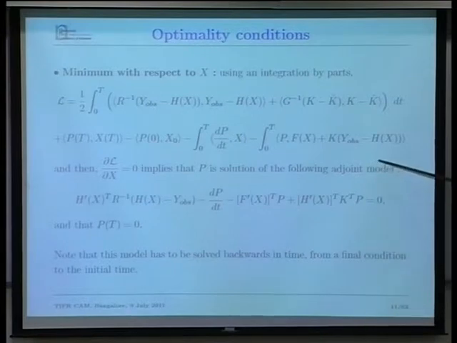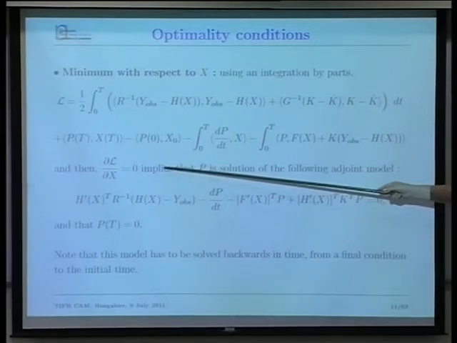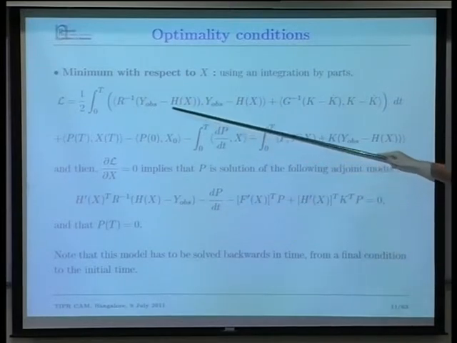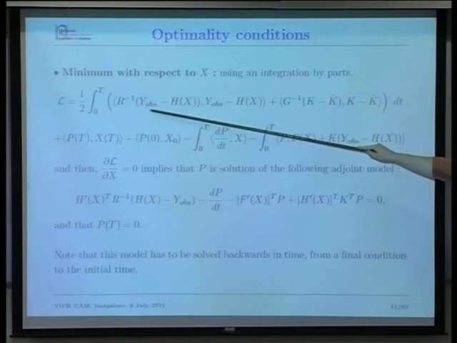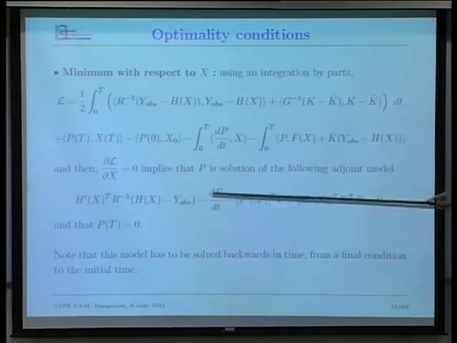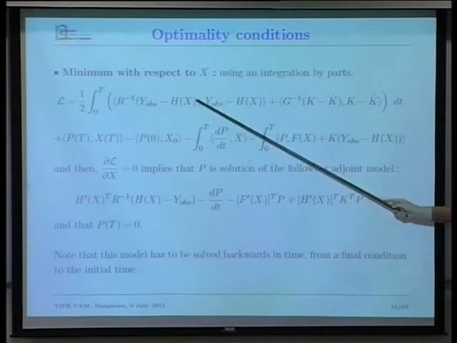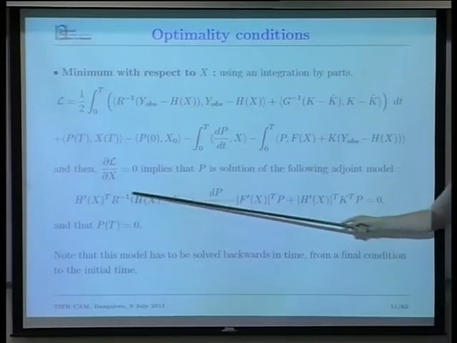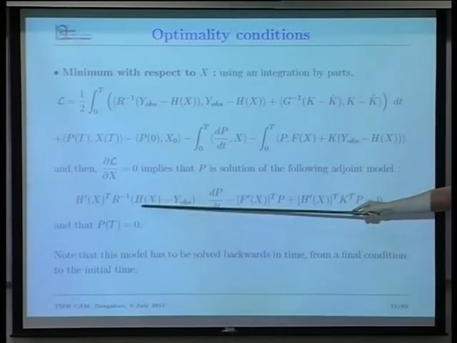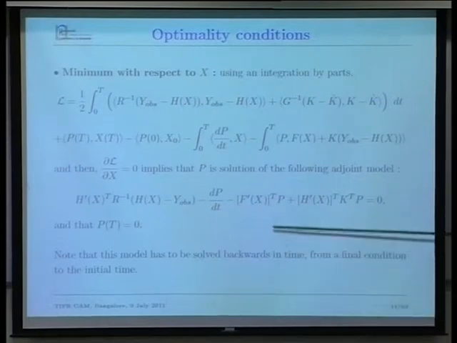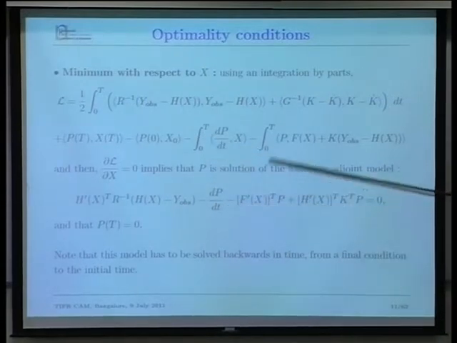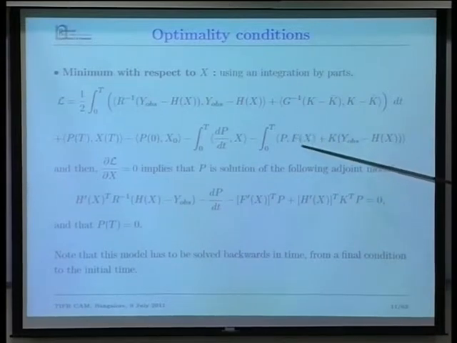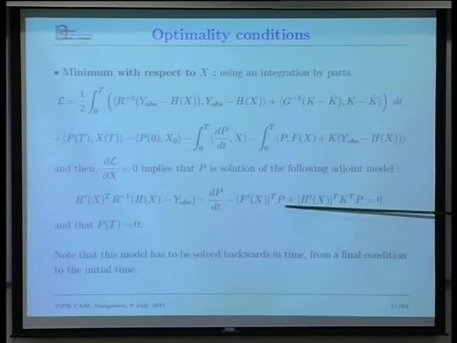And then if you want the derivative of this expression with respect to x to be equal to 0, it implies that at any time, the derivative of this term, we have done it yesterday, if h is a nonlinear function, then you have to take the derivative h prime transpose R minus 1 times the innovation vector. Here you have minus dp over dt. Here you have the transpose of the derivative of f with respect to x times p.